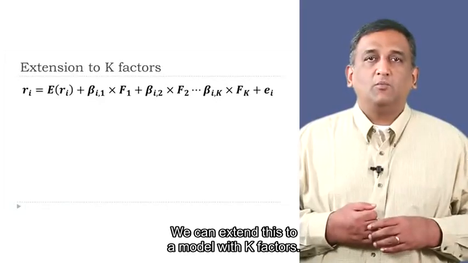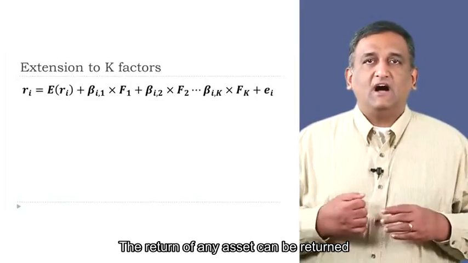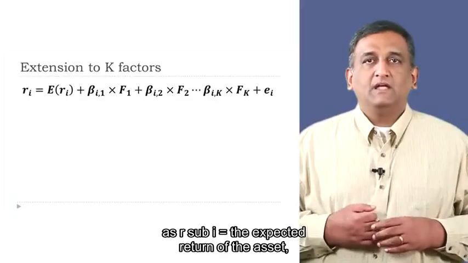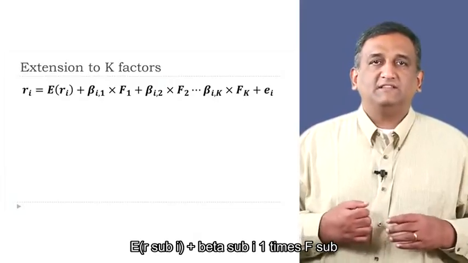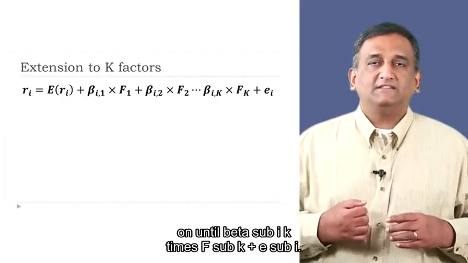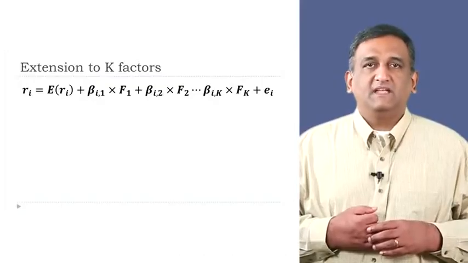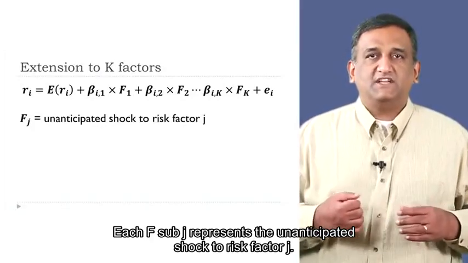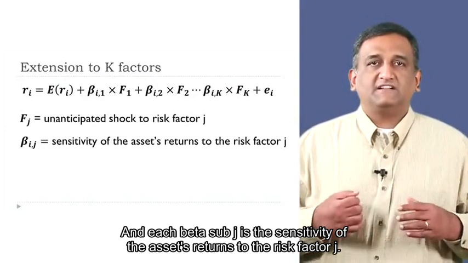We can extend this to a model with k factors. The return of any asset can be written as R_i equals the expected return of the asset, E[R_i], plus beta_i1 times F_1 plus beta_i2 times F_2, and so on until beta_ik times F_k, plus e_i. Each F_j represents the unanticipated shock to risk factor j, and each beta_ij is the sensitivity of the asset's returns to the risk factor j.